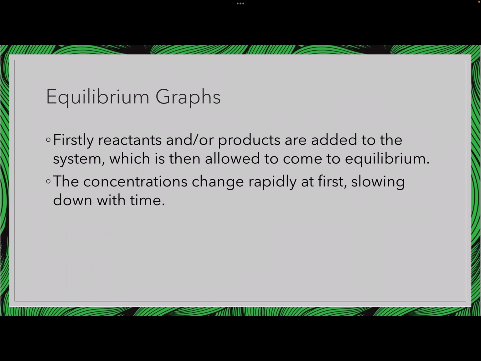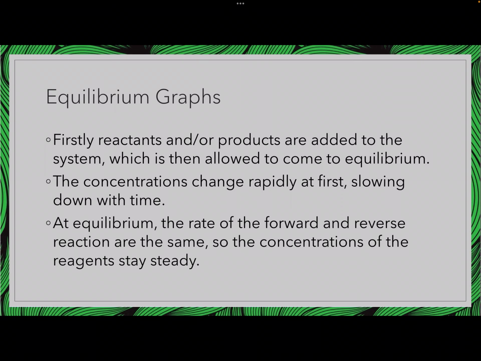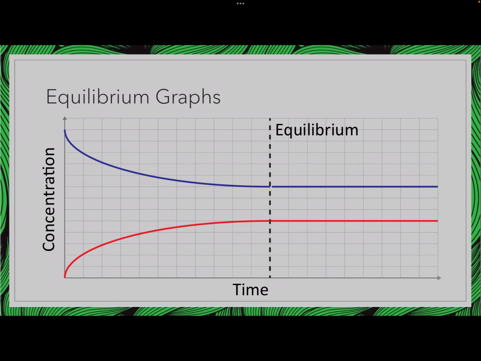The change is rapid at first because the difference in reaction rates is quite stark, but as it tends towards equilibrium, the difference in the reaction rates becomes closer, so the reactions slow, and eventually we get to that point of constant concentration. And remember, at equilibrium, the rates of the forward and reverse reactions are the same, so the concentrations stay steady.